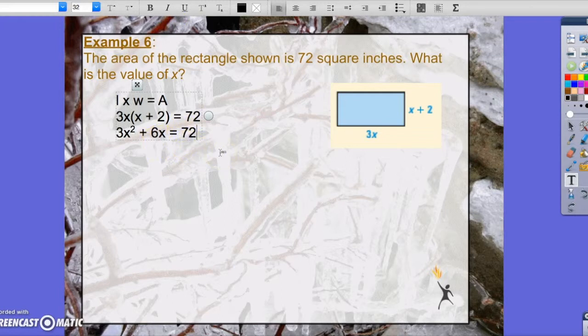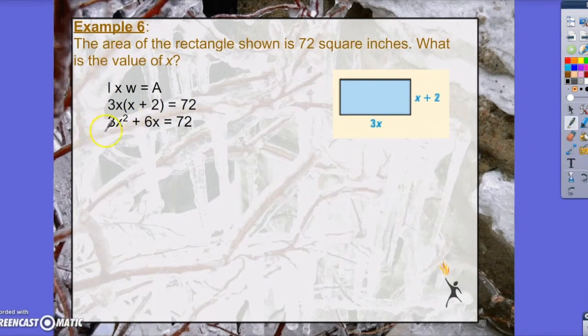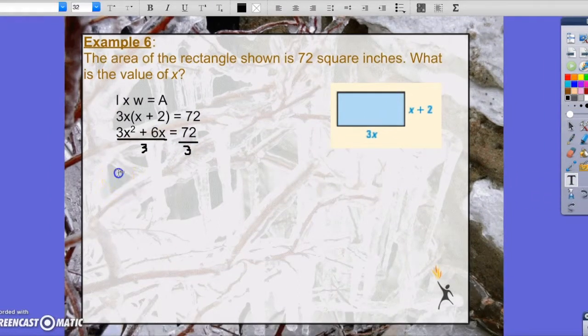The 72 is going to stay to the right already because I'm going to have to add a c to the left-hand side, right? But don't forget, if you take a look, do you see how a is 3? Just like before, we have to divide both sides by 3 first before we can complete the square. So I get x squared plus 2x equals 24.